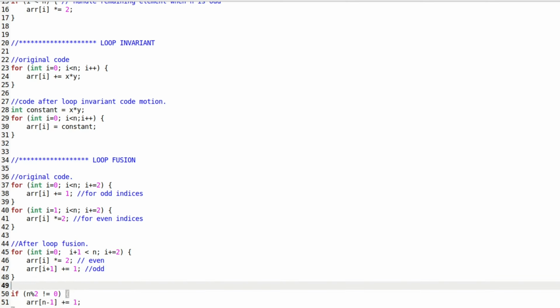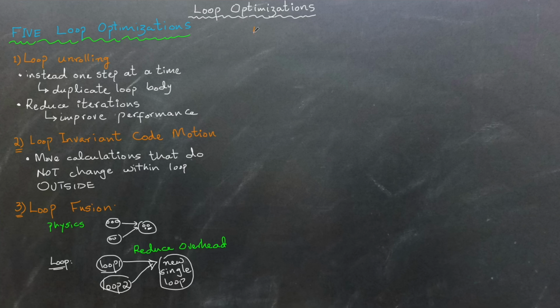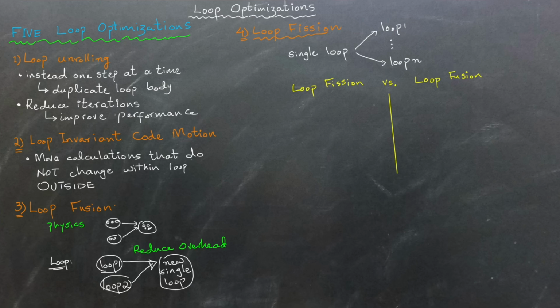While loop fusion combines 2 loops to reduce overhead, loop fission splits a loop when there are different data sets involved, improving cache locality and performance. Both techniques aim for optimizations, but they apply to different situations.